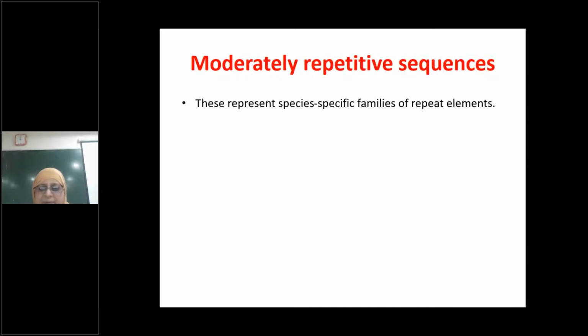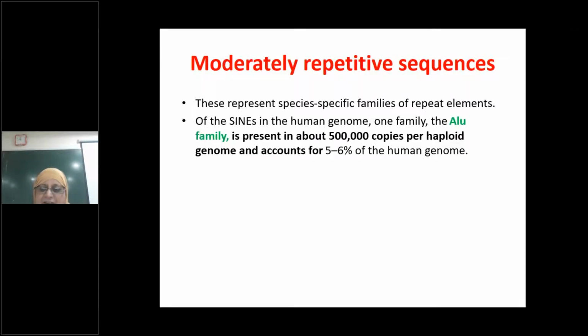Now these moderately repetitive sequences represent species-specific families of repeat elements, and one very important family of the SINE family is the Alu family. The Alu family is present in about 500 copies per haploid genome and accounts for roughly 5% of the human genome.